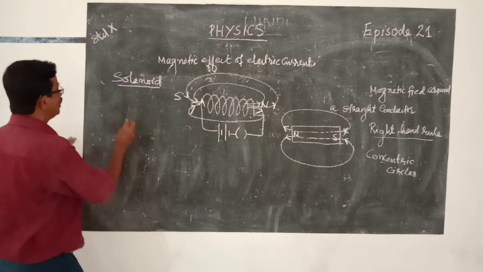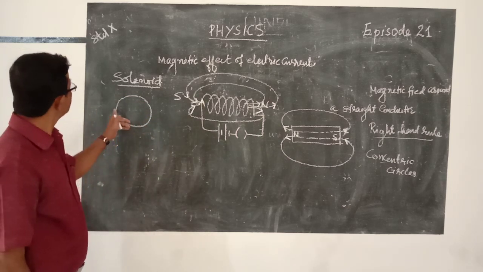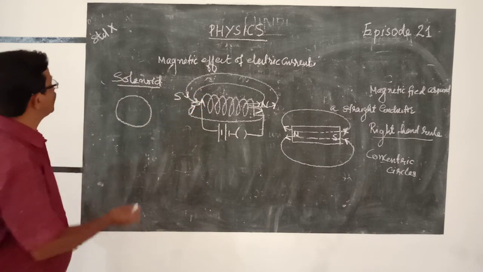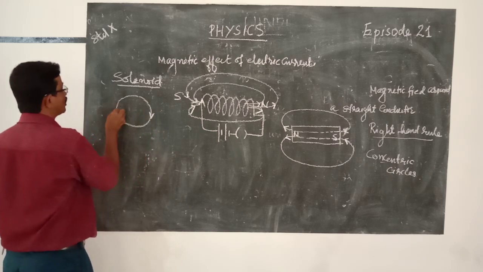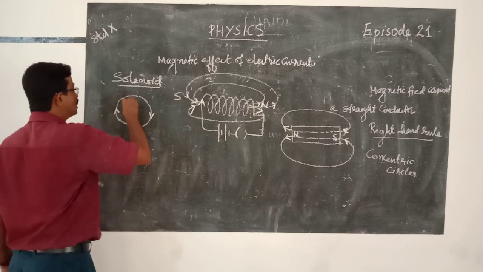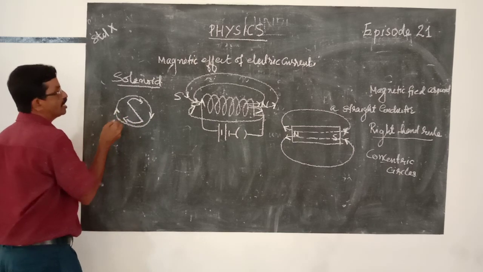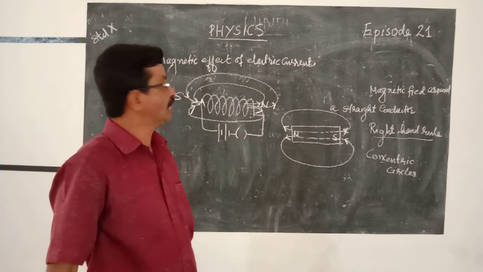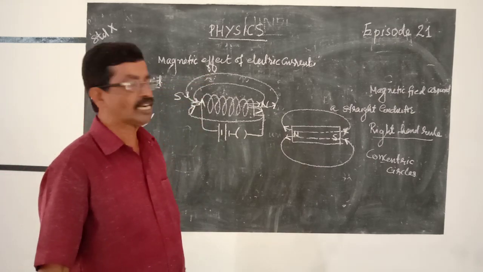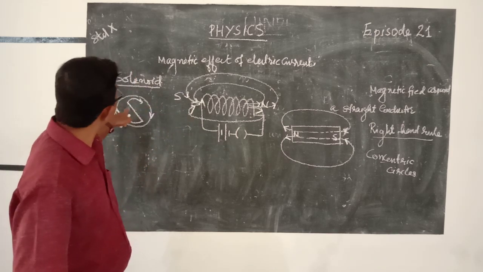See, if the current at this end of the solenoid is in the clockwise direction, then that end is south. When we face the end of the solenoid, if the current at that end is clockwise, then that end becomes south.